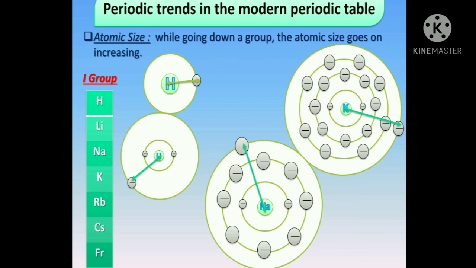So due to getting added one shell in the group, while going down, the atomic size goes on increasing. I hope students, with these diagrams you might have understood the two periodic trends, that is valency and atomic size.